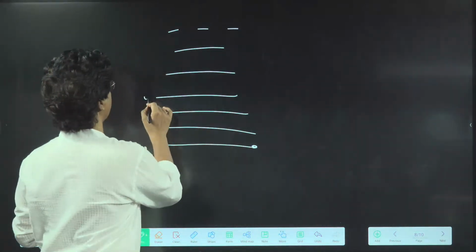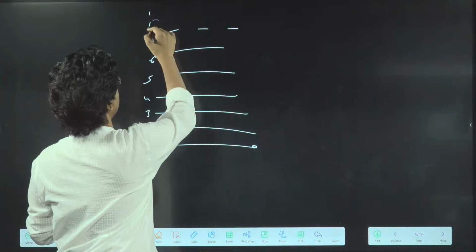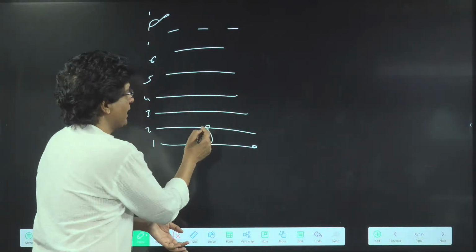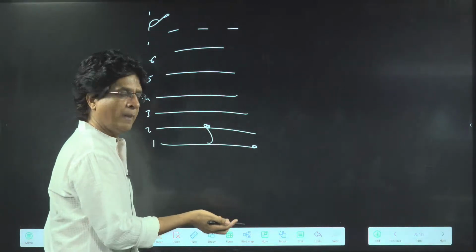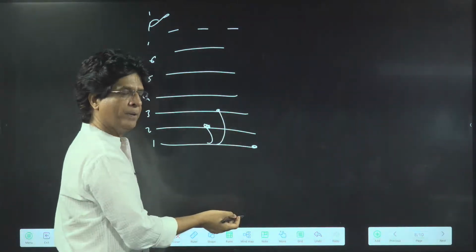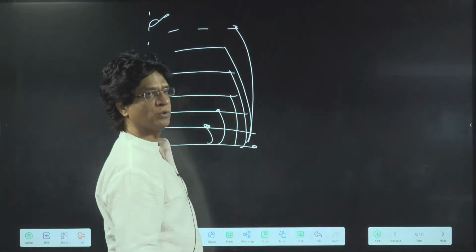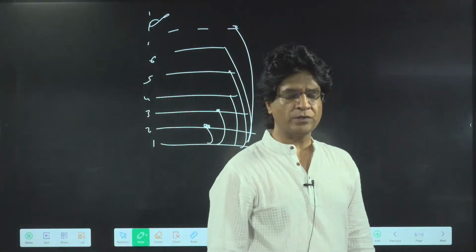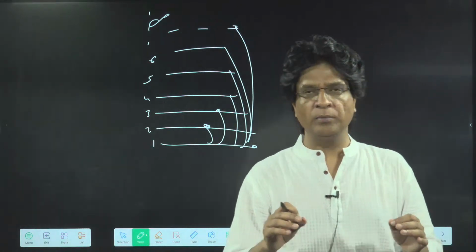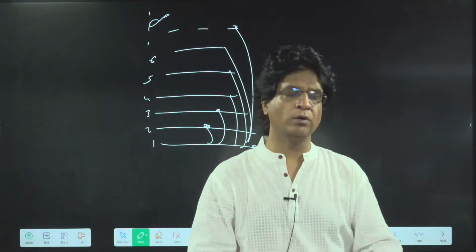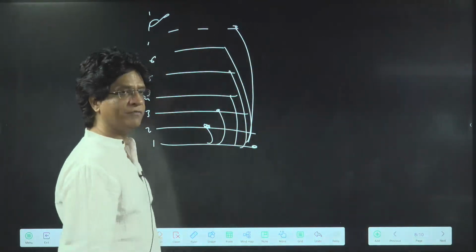You give more energy, it will jump higher and live there. You give even more energy, it will go further up. So which orbit the electron will live in depends on its energy. The more the energy, the higher it will live in terms of orbits.